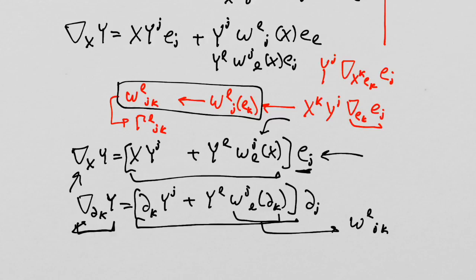And so now that's what we're going to call gamma^L_JK from our previous work, and we end up with exactly the expression we expected, which is del_k Y^j plus Y^L gamma^j_Lk, like that.